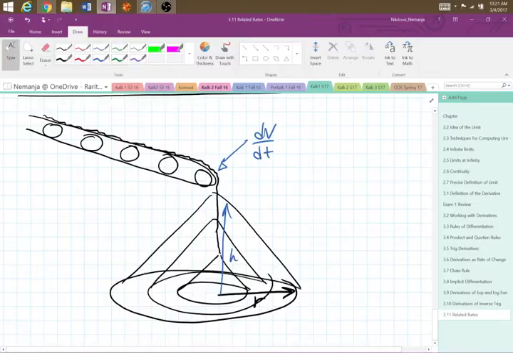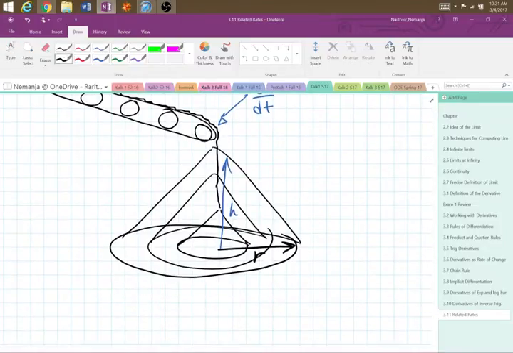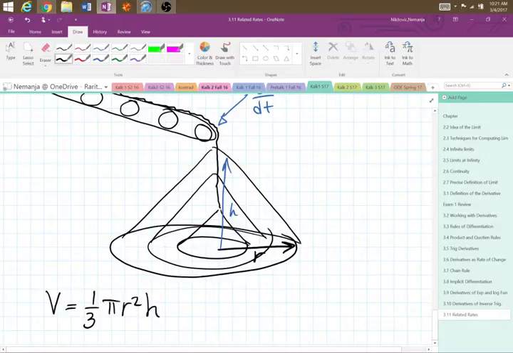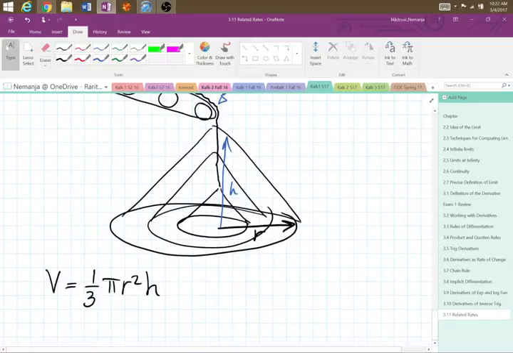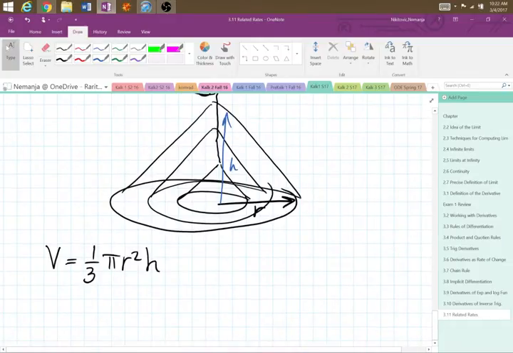So as I write my formula for the volume of the cone, we know it's a 1/3, and then the area of the base times the height. The area of the base, that's a circle, pi r squared, and then times the height of the cone. Now, do you see what's changing here? Radius is changing, height is changing, therefore they're both variables. So when I take the derivative, what do I have to do? Take the derivative of those and solve them. Yeah, but what is the proper derivative I'm taking here?